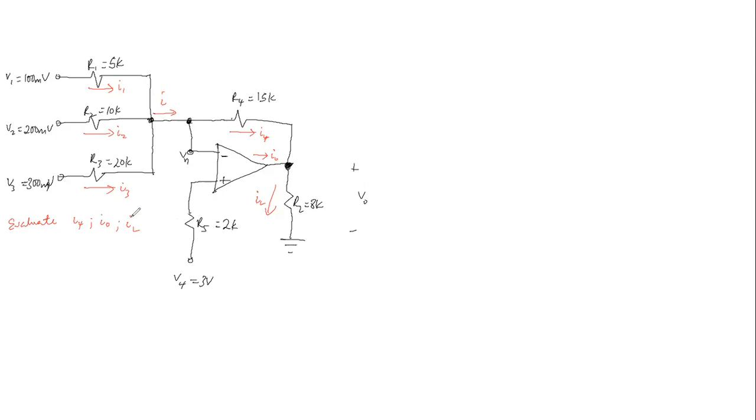Now we know, based on the assumptions for an ideal op amp, that no current flows through the terminals. So I sub N is equal to 0. Then I sub P is also equal to 0. And then we have the voltage constraint, that V sub P is the same as V sub N. Now, based on the current constraint, we can conclude that no current flows through this terminal.